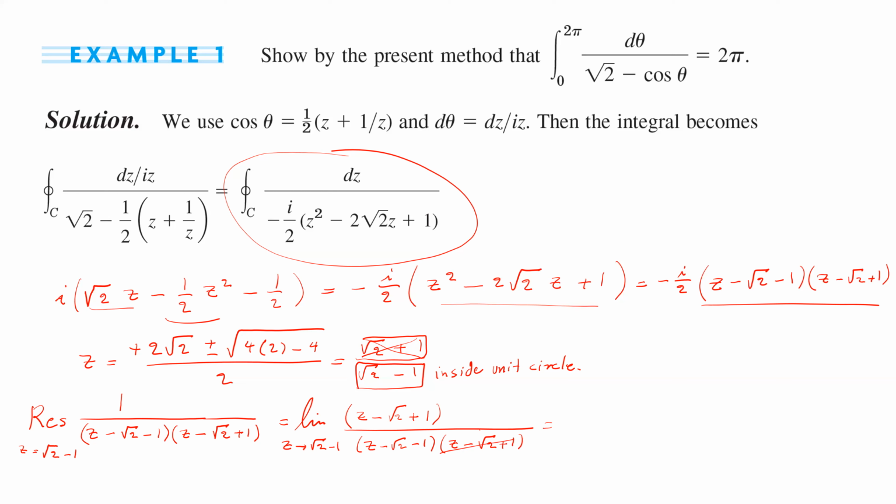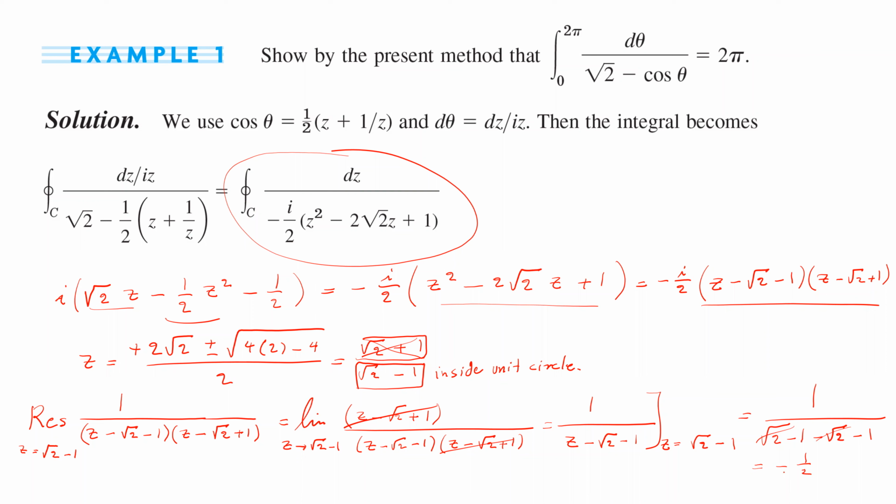This cancels out, so it becomes 1 over z minus square root of 2 plus 1, evaluated at z equal to square root of 2 minus 1, right? And then that becomes 1 over square root of 2 minus 1 minus square root of 2 minus 1, right? Square root of 2 cancels, you get negative 1/2.